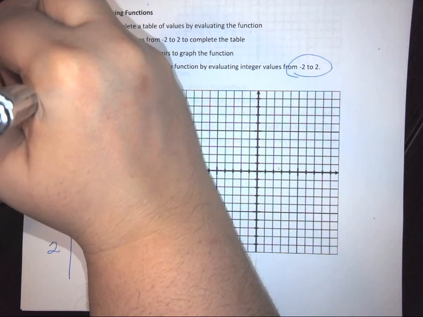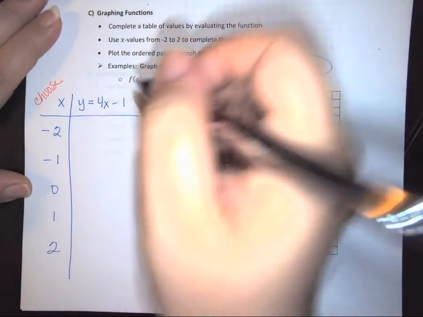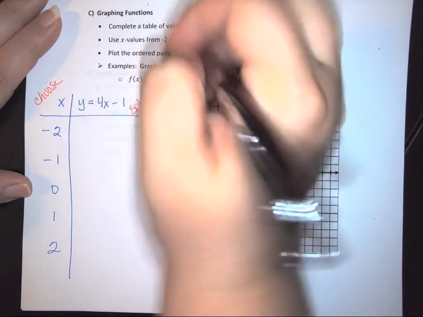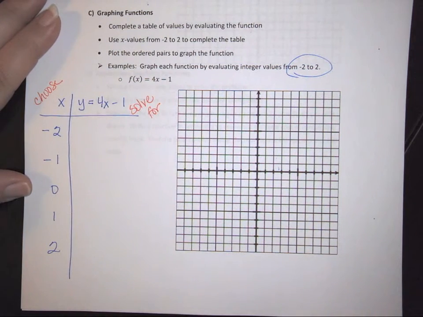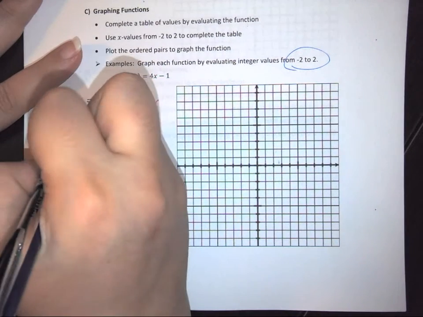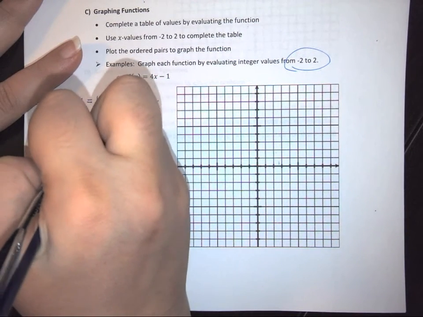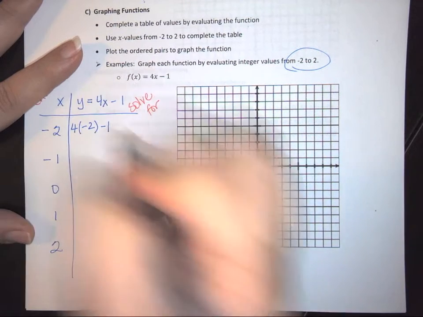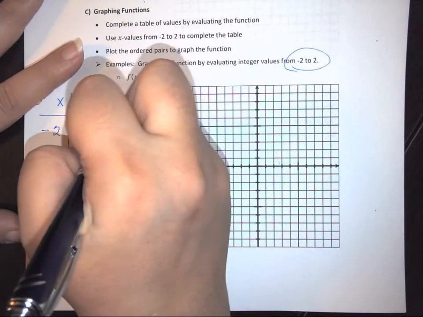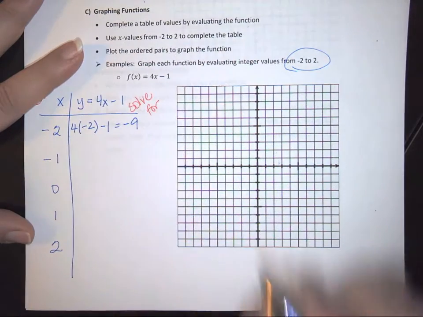Again, you need to remember the x values are the ones that you choose. The y side is the one that you are solving for. And in this point, we're going to get our coordinate points, which is going to lead to our graph. So I have 4 times my -2 minus 1. 4 times -2 is -8, minus 1 gives you a -9.